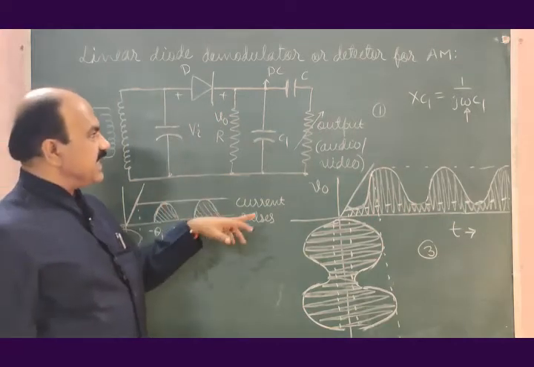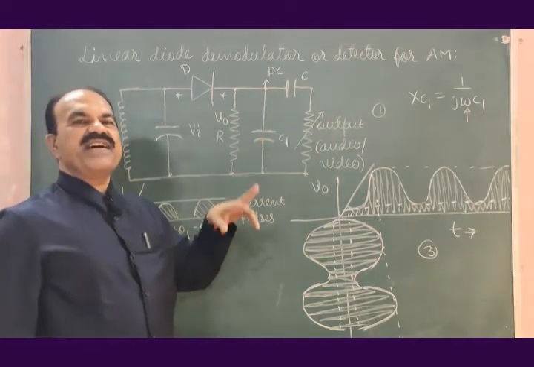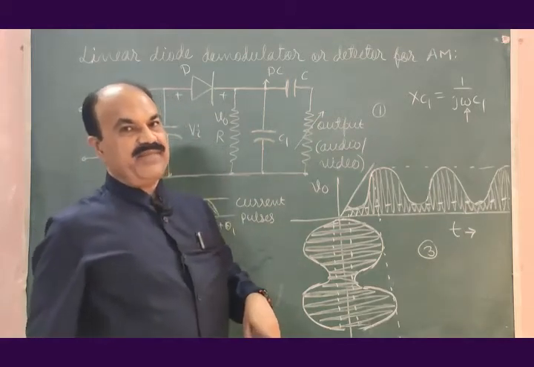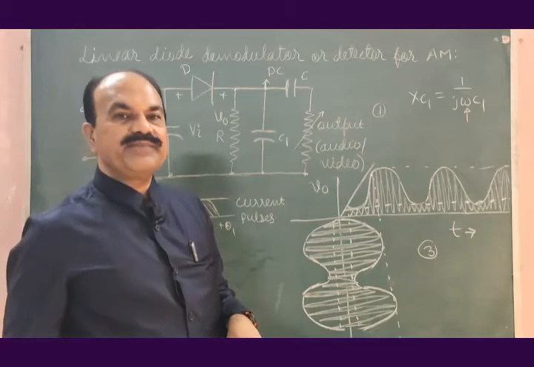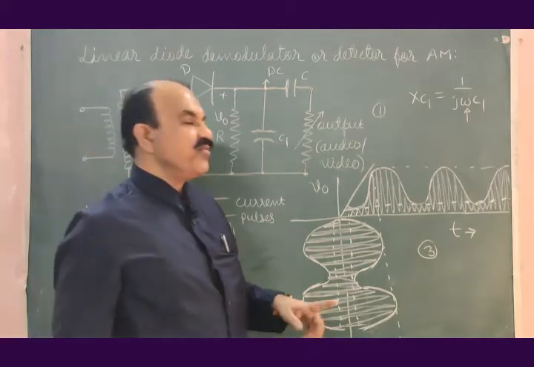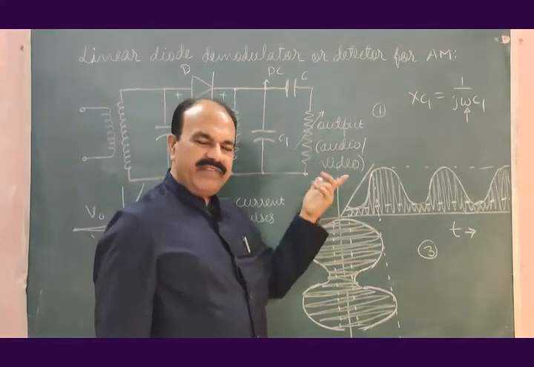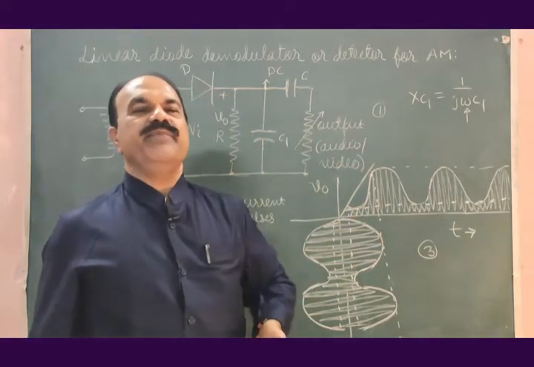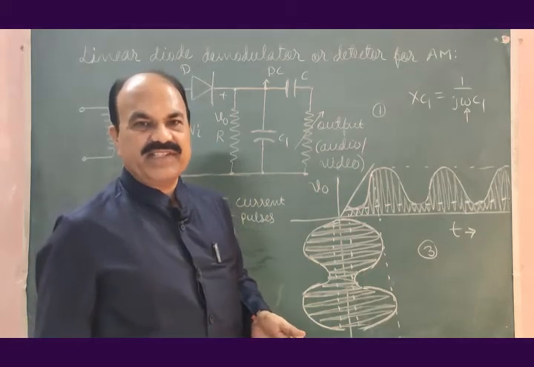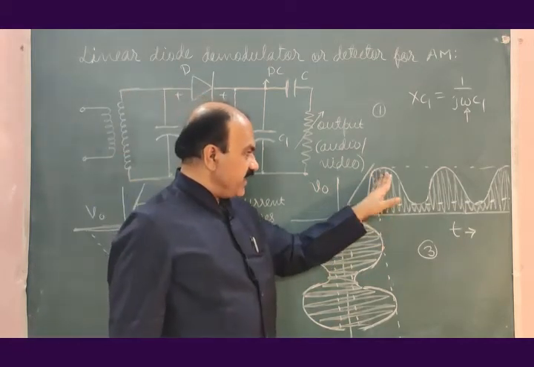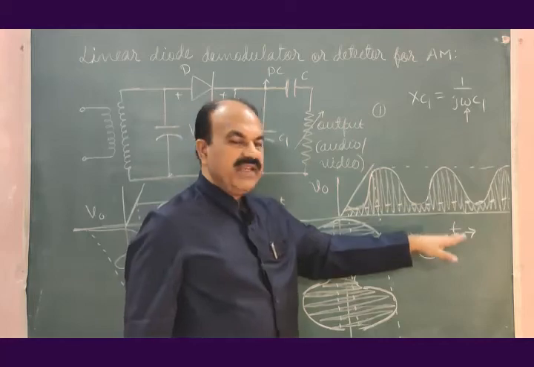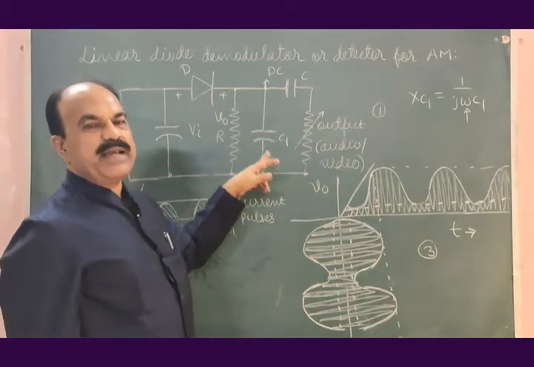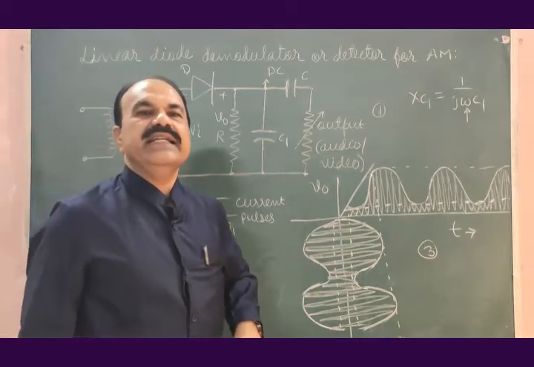When diode is not conducting, capacitor C1 starts discharging through R. This discharge time will be very large as compared to carrier frequencies, and small as compared to modulating frequency, and therefore carrier frequency coming here will be simply bypassed to ground by this capacitor C. This capacitor C acts as the separator.